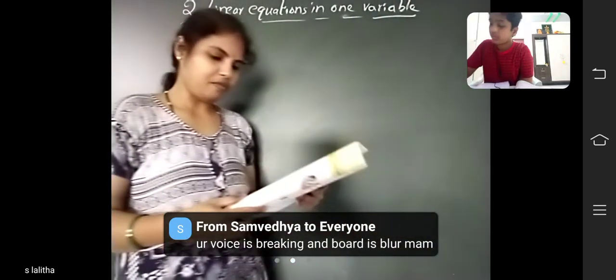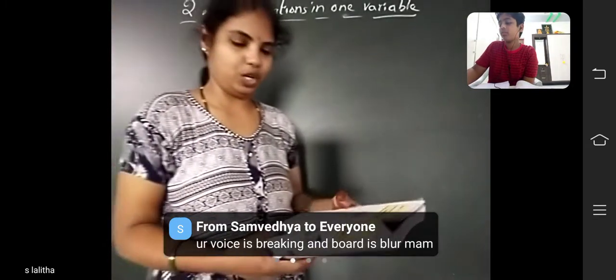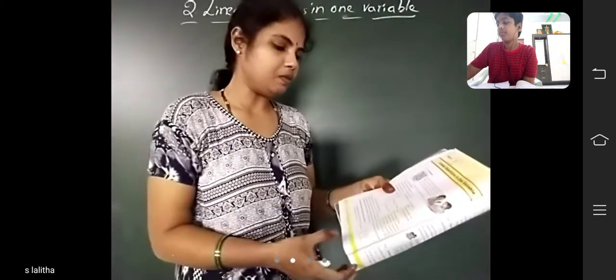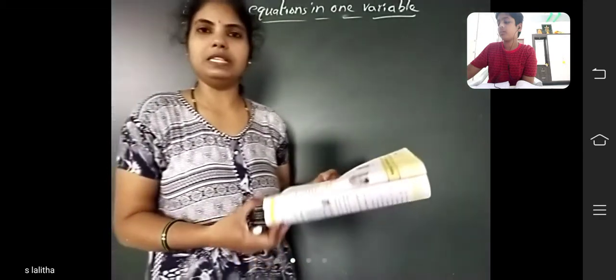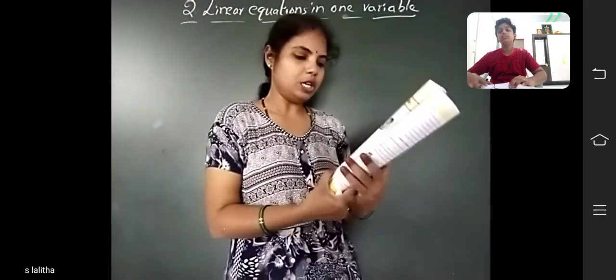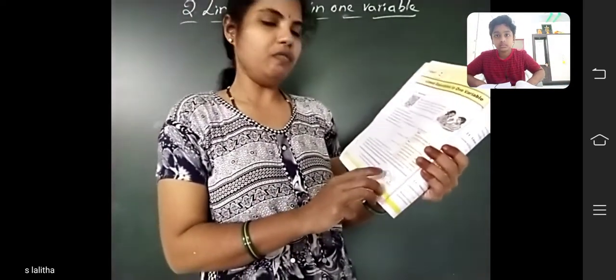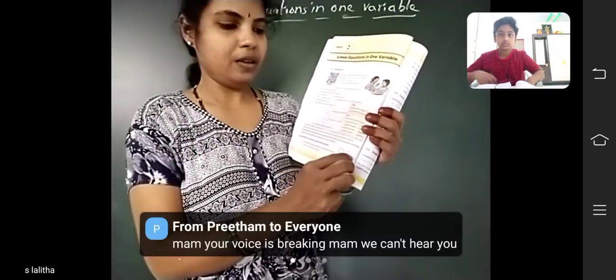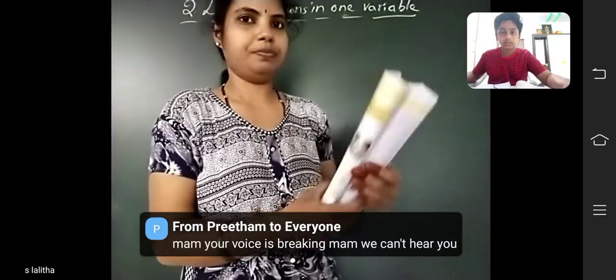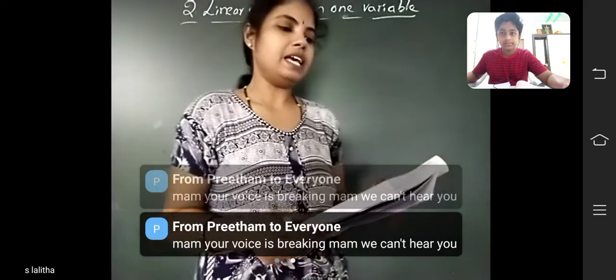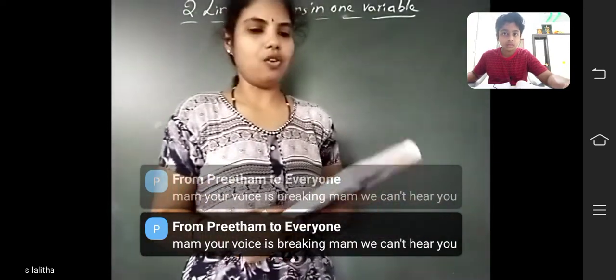Let us briefly revise what we know about equations. An algebraic equation is the equality of algebraic expressions involving variables and constants. It has an equality sign.